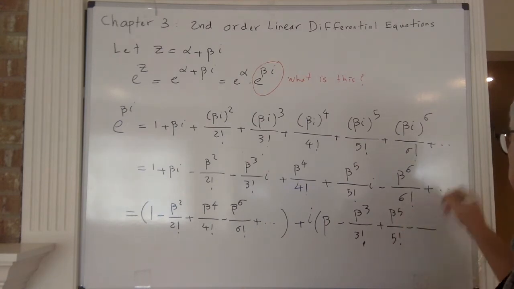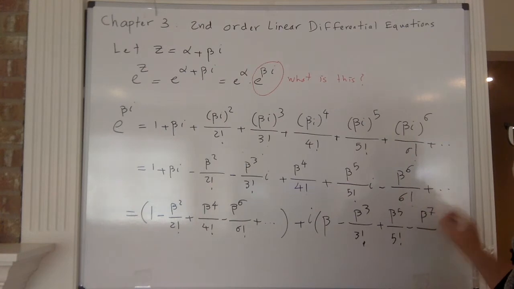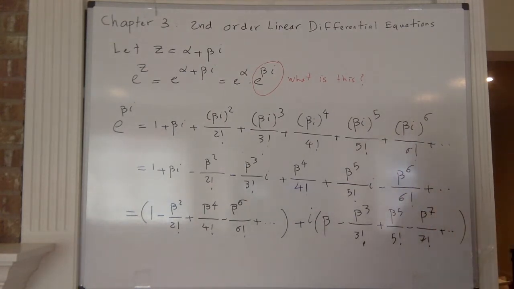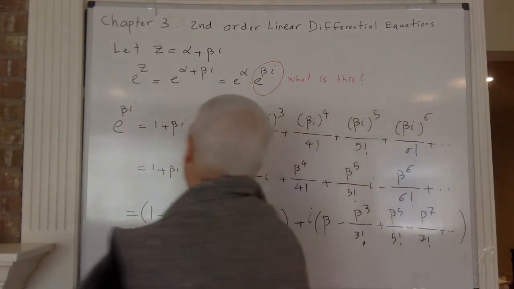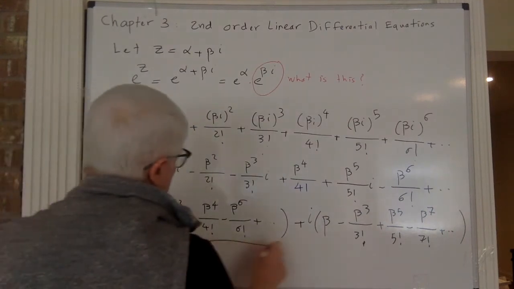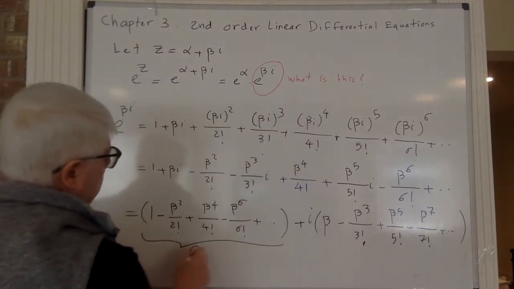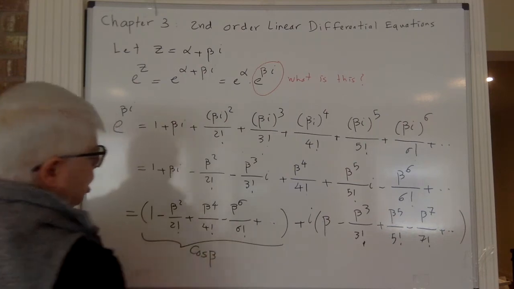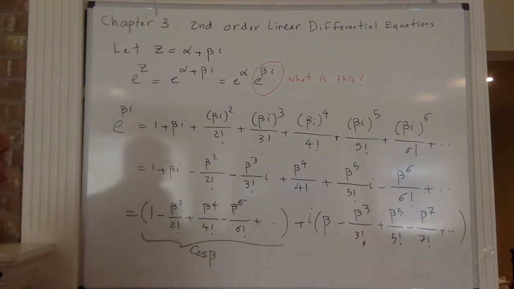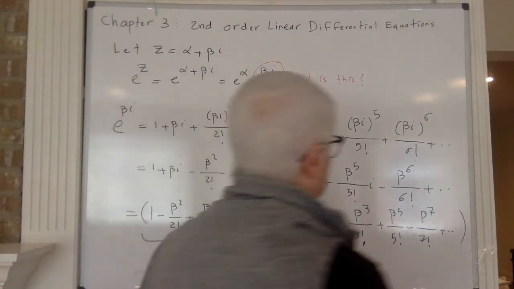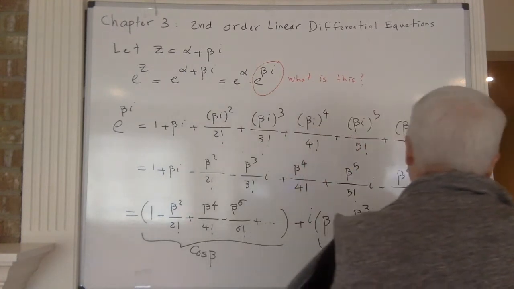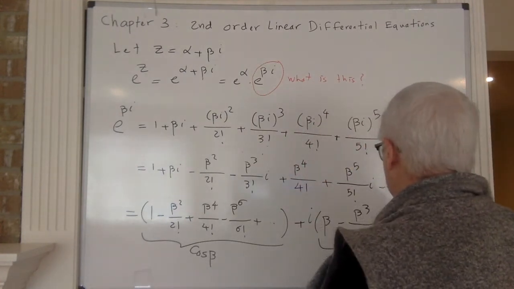If I continued, I would get minus beta to the 7 over 7 factorial plus dot dot dot. Okay. Now again, going back to Calc 2, this guy here is in fact cosine beta. That's the Taylor series for cosine beta. And this one is sine beta.